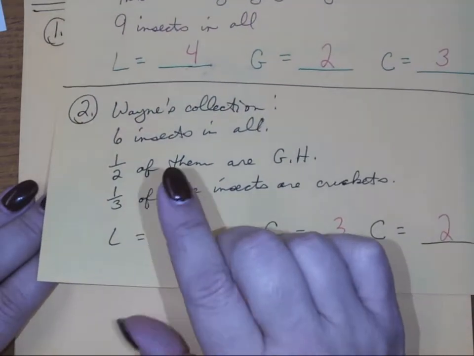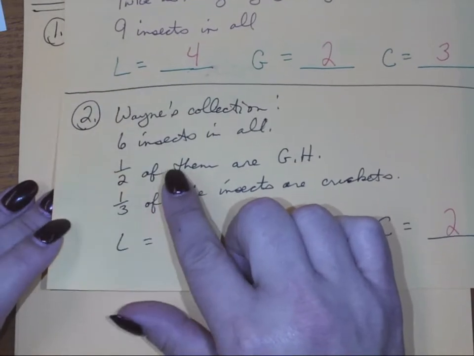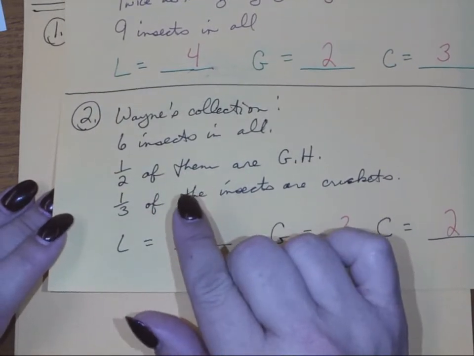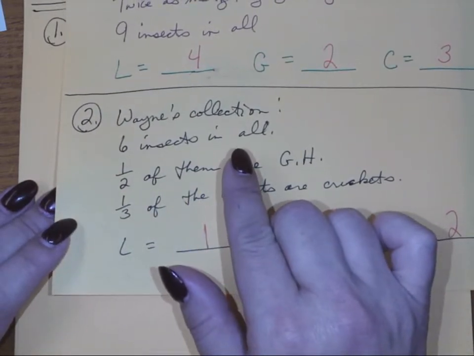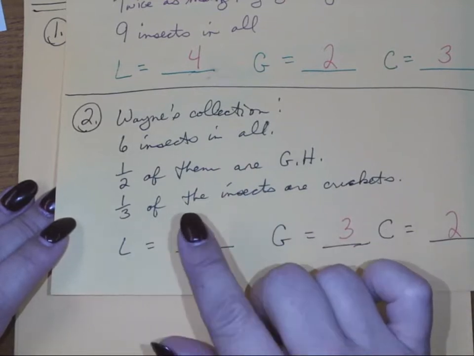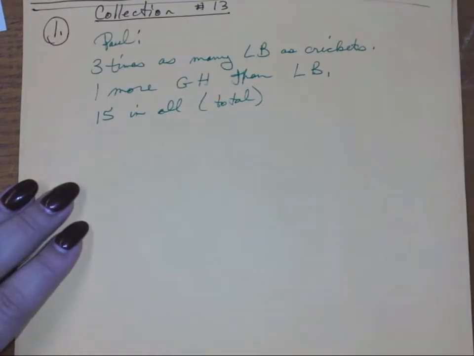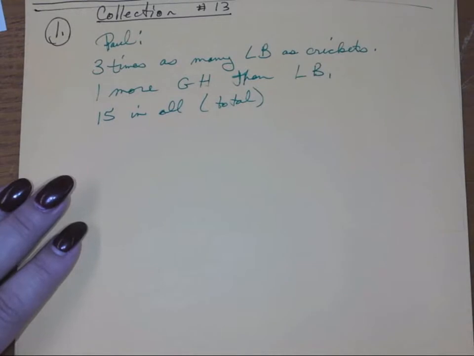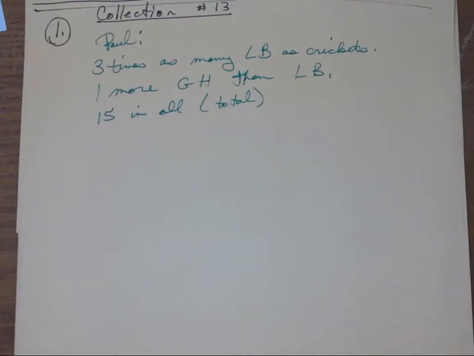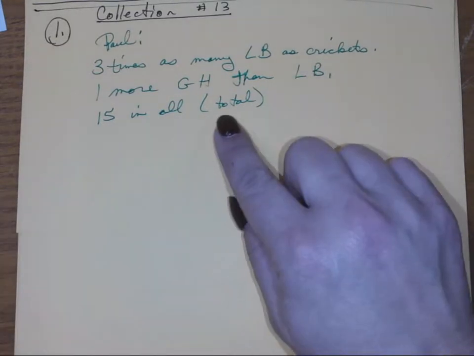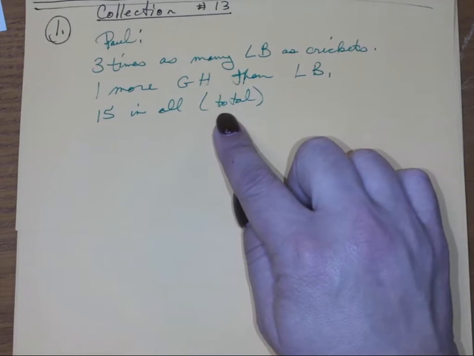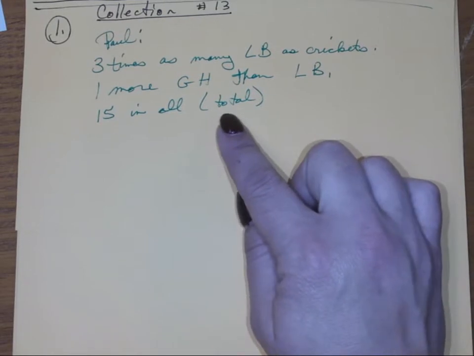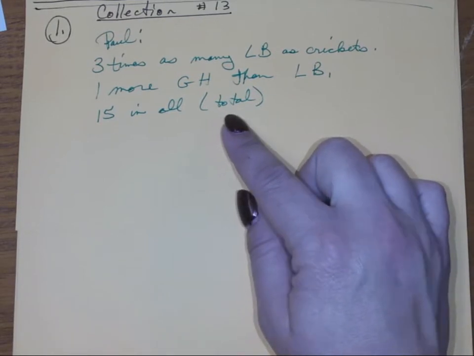Here in Wayne and then Veronica, the next 3, they were all fractions, right? But we've had fractions of the total. So 6 insects, take half of them, take a third of them, okay? Here, Paul's not being quite so deliberate. I don't have anything that's exactly a portion of the whole, right? My entire group here is 15, but I don't have anywhere that it says half of them or a third of them or a fifth of them.